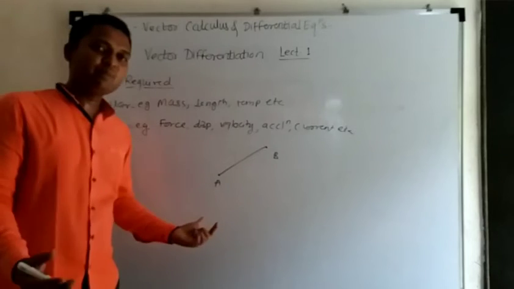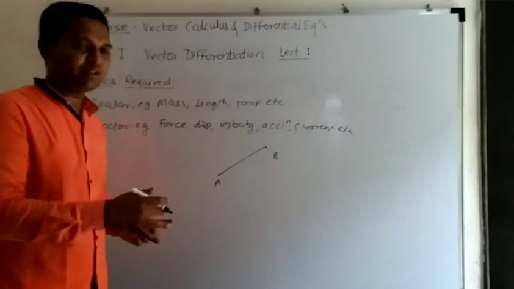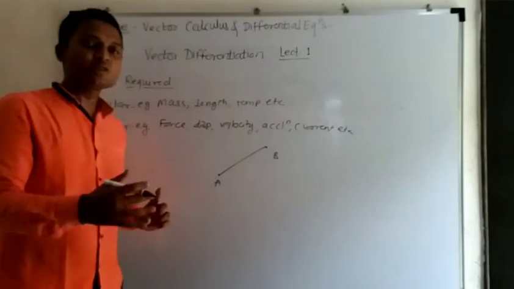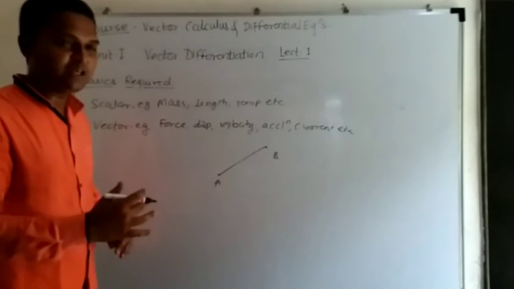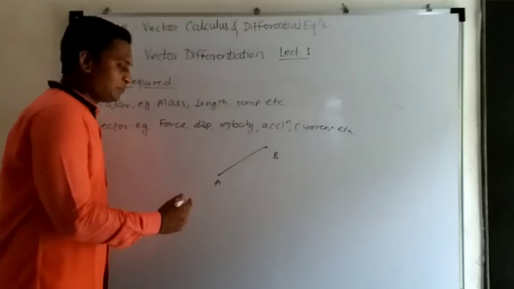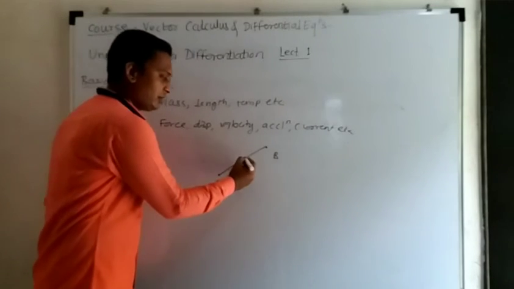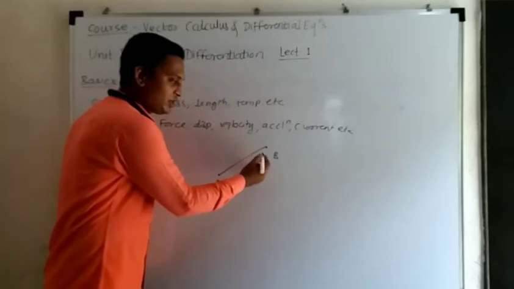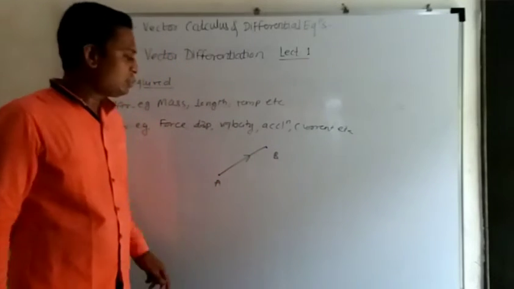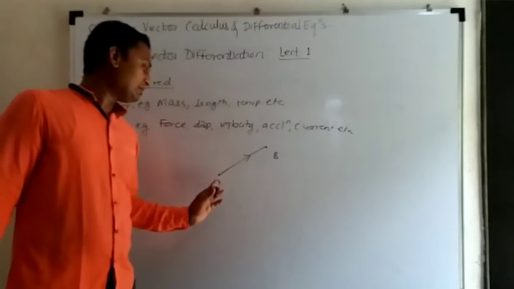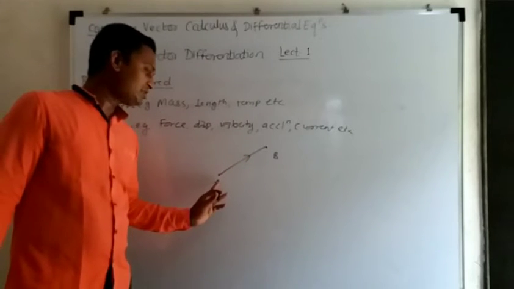This segment has some magnitude, means it has some length, distance we can say, and that distance or length is nothing but the magnitude of that particular segment. And when we assign some direction from A to B or B to A, it becomes a vector.